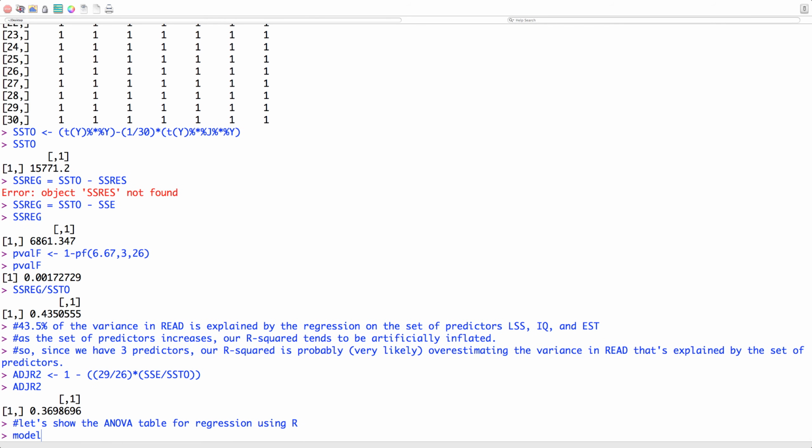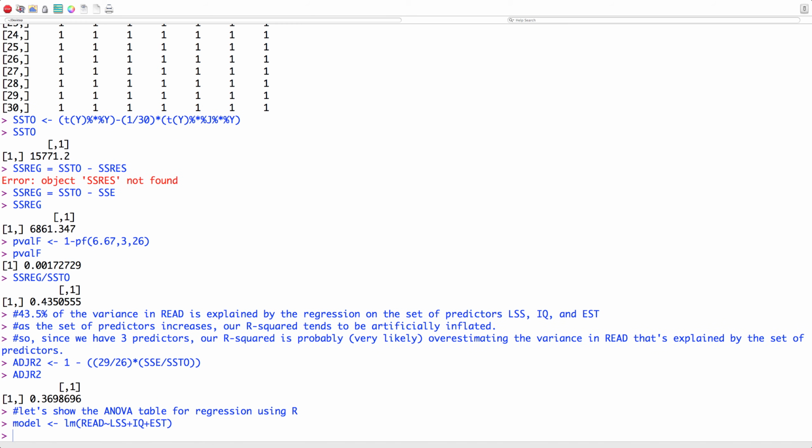So our linear model is going to be read tilde LSS plus IQ plus EST, right?